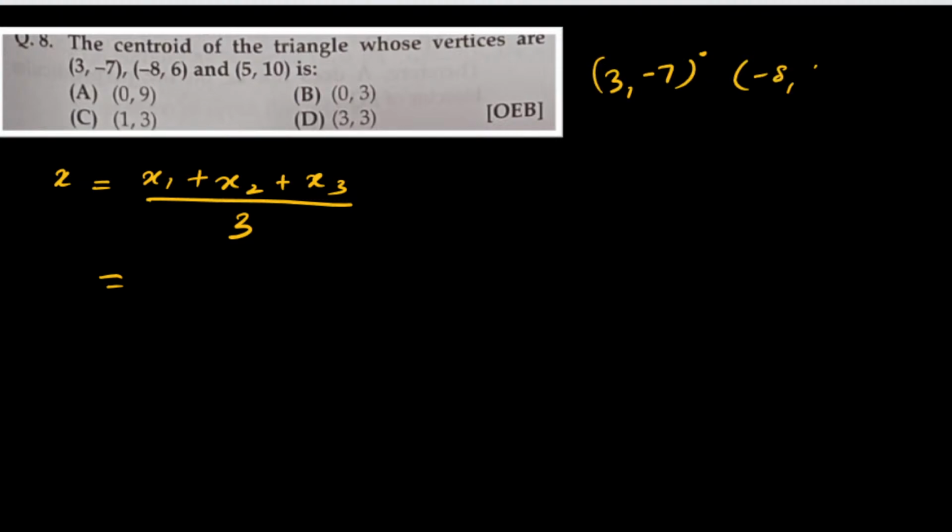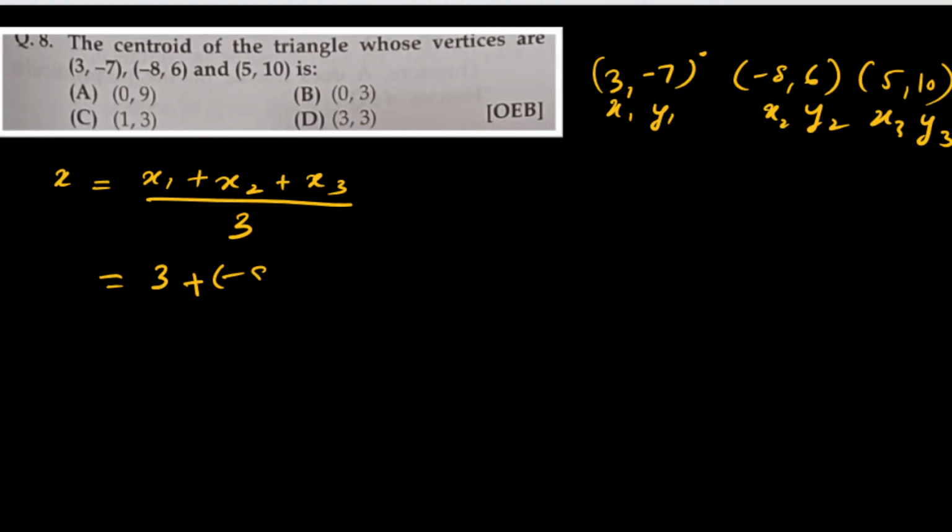We know its formula: x is equal to x1 plus x2 plus x3 divided by 3. We have 3 points: 3, minus 7; minus 8, 6; and 5, 10. We can write x1 y1, x2 y2 and x3 y3. x1 is 3 plus minus 8, x2 is minus 8, x3 is 5, by 3.